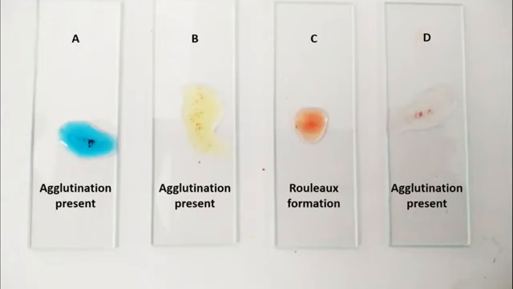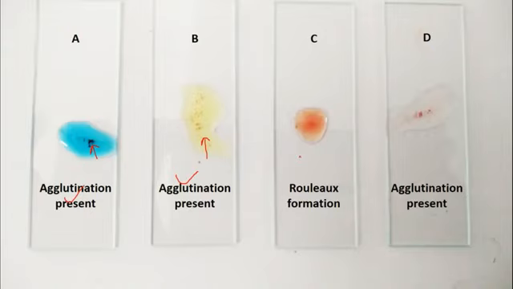Agglutination means there is a presence or appearance of some dust-like particles in the solution. So in slide number A, you clearly find these dust-like particles, so agglutination is present. In slide number B, you also clearly find these dust-like particles, so agglutination is present.